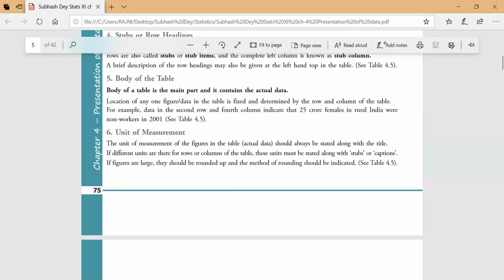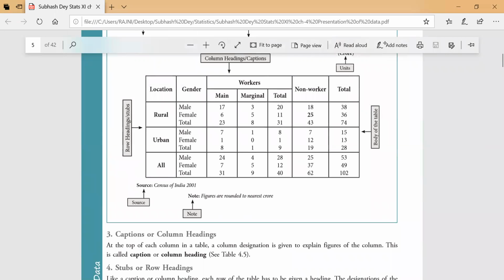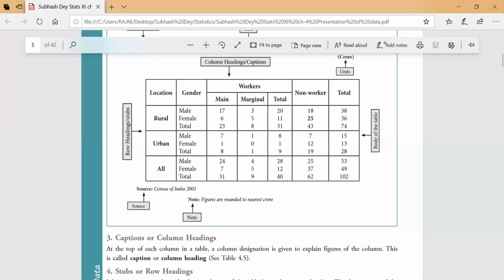So you just have to tell that term in the note. Like here in this table we can see that the figures are rounded to the nearest crore. This is the note. Simply by observing this table you cannot understand whether the figures are in an exact form or in nearly crores. So you can define it in the form of notes.